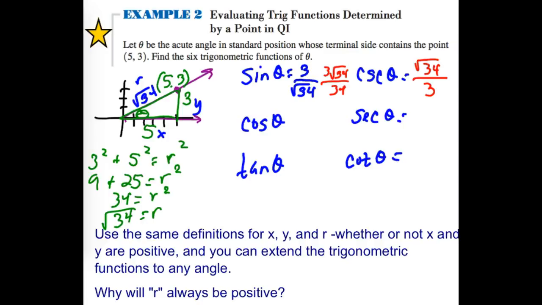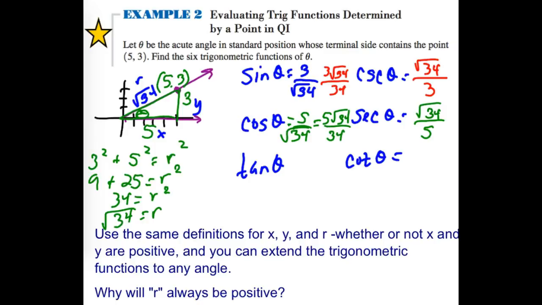Okay, cosine. Cosine uses x over r. So we have 5 over root 34. Rationalized, 5 root 34 over 34. Reciprocal would be secant, so root 34 over 5.